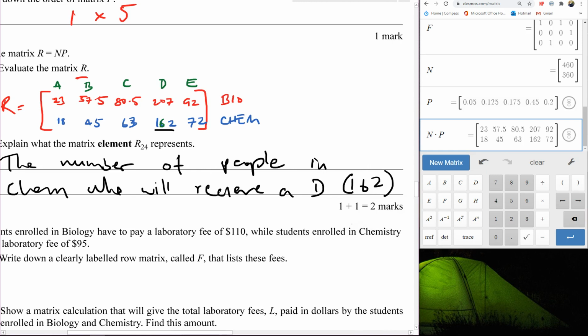Because it's 2 marks for that question, I think it's a good idea to also write the number. One mark would probably be the explanation, the other mark would be the actual number.